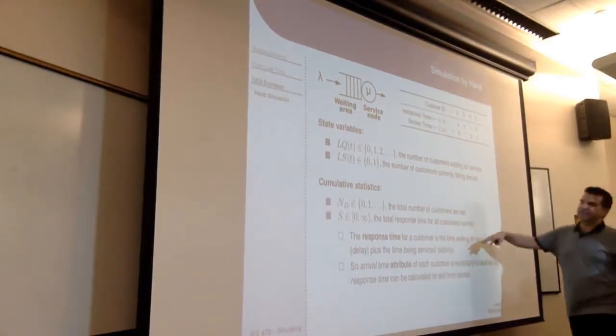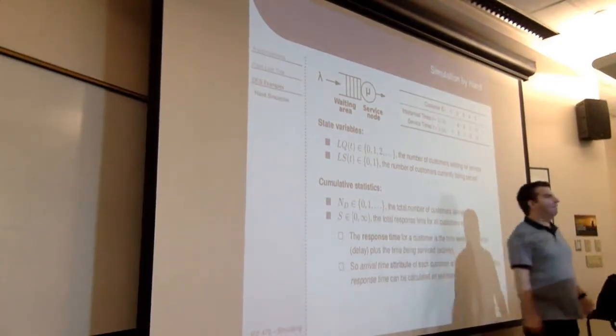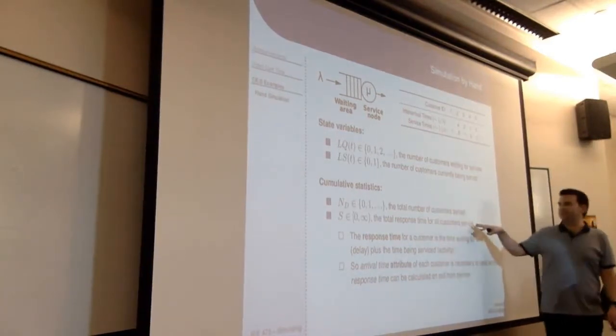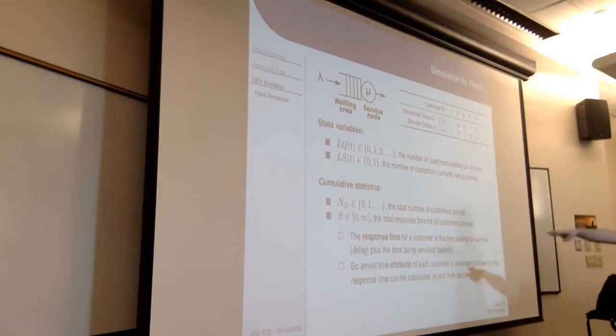Our cumulative statistics, I kind of already went over these. The number of customers who have departed by this time, and the total response time for all customers who have departed by this time. The response time includes the total time from the customer's arrival to their departure.